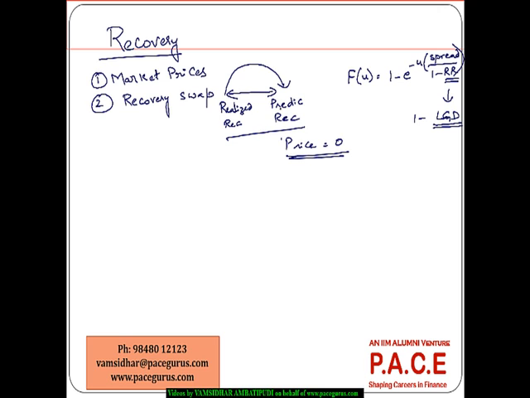Whereas if the other side is higher, whichever is higher, that party pays the other party accordingly. That is the usual way of looking at the price of recovery rates in the real world.